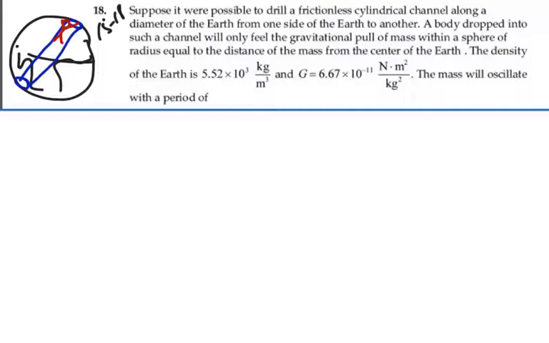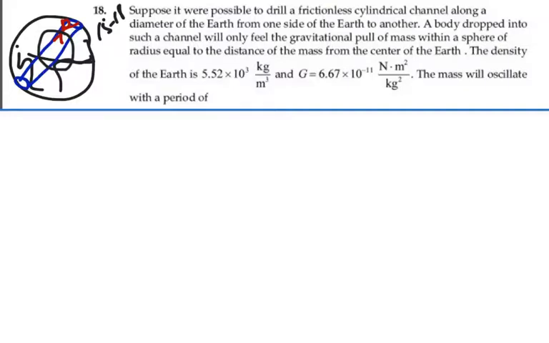Now, as you're falling, the force of gravity is only due to that part of the mass of the Earth that is below your radius from the center of the Earth. All the mass above you is, in essence, going to cancel out. So the force of gravity is going to get less and less as you're falling into this channel. In fact, as you reach the center of the Earth, the force of gravity will be zero. You'll be weightless at the center of the Earth.